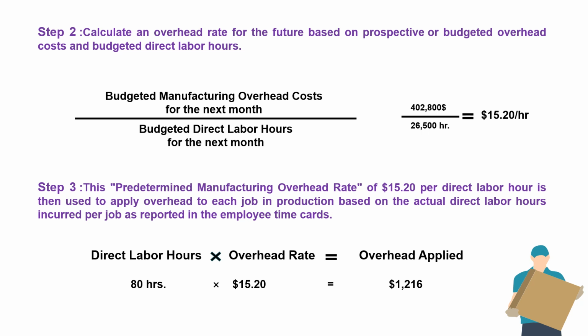So of the total $1,216, which is $15.20 times 80 hours, some are sandpaper costs, some of the nails, glue, utilities, and depreciation. We're going to take this $1,216 of these costs and say they are associated with making the 5 tables.